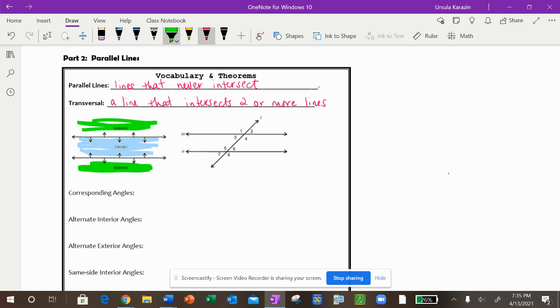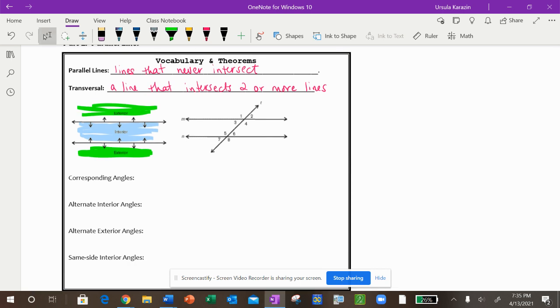Then there's also a word that we use that is alternate. And alternate means opposite. So if I talk about two angles being on alternate sides, then I'm saying they are on opposite sides. So just a little bit of vocabulary before we get started.